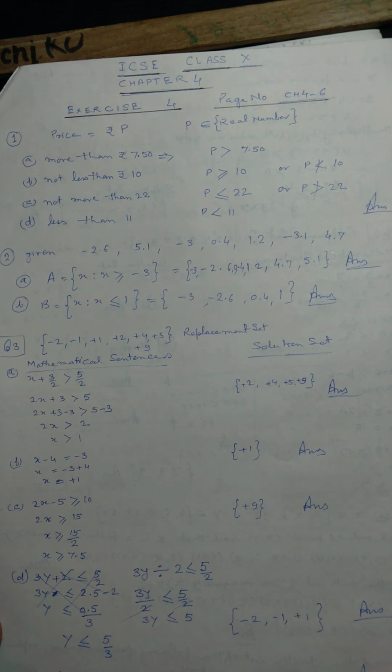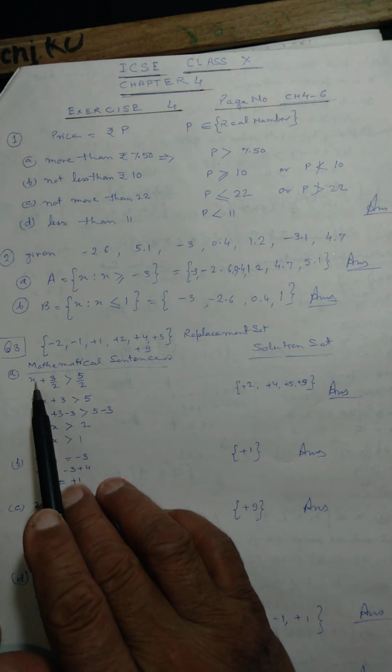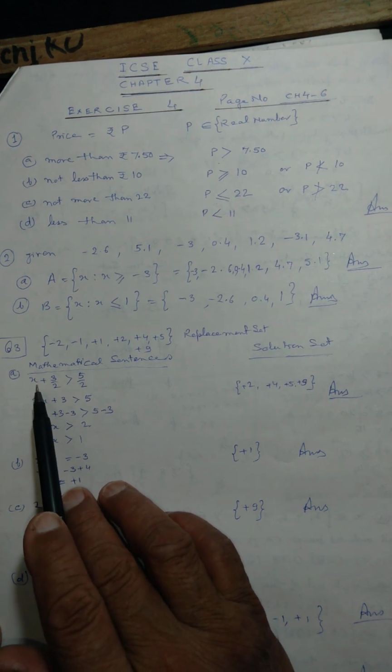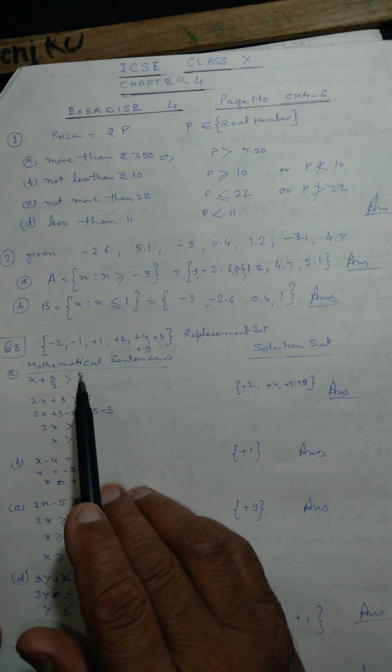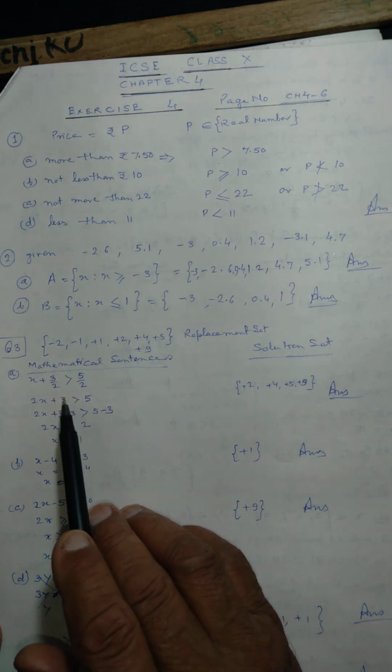If the replacement set is minus 2, minus 1, plus 2, plus 4, plus 5, plus 9, what is the solution set of each of the following mathematical sentences? x plus 3 by 2 is greater than 5 by 2. Now here we have to solve it.